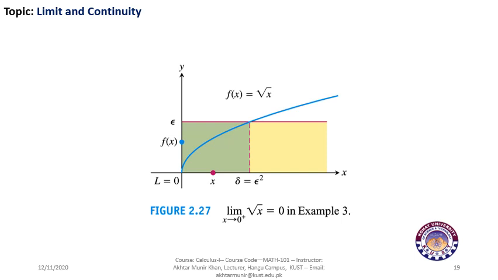Then using some mathematical calculations, we can show that the delta value is equal to epsilon squared. Note that in the epsilon-delta definition, the delta depends on the epsilon. So here delta is equal to epsilon squared. That means that whenever x approaches 0 from the right, the function value approaches the limit, which is 0.